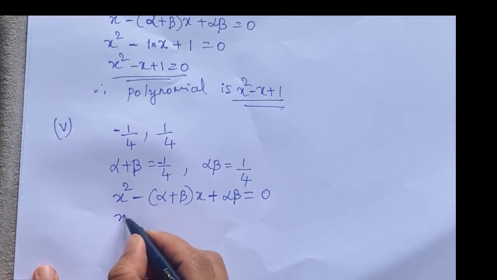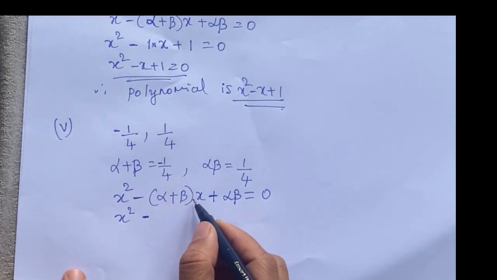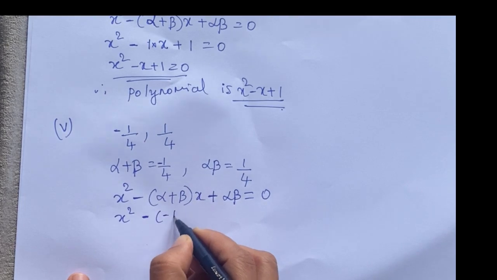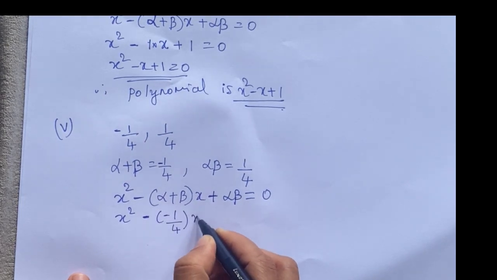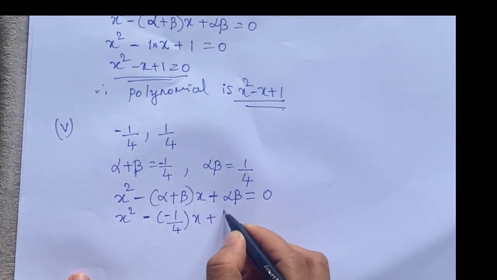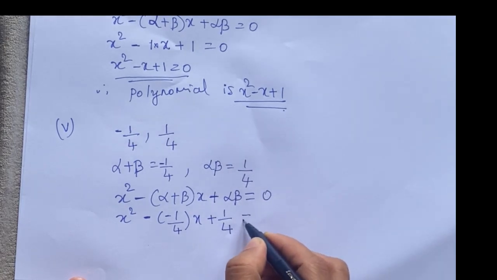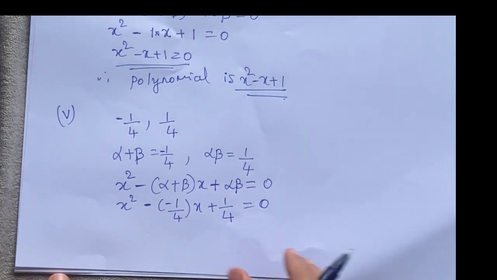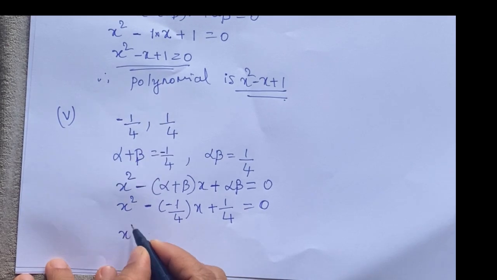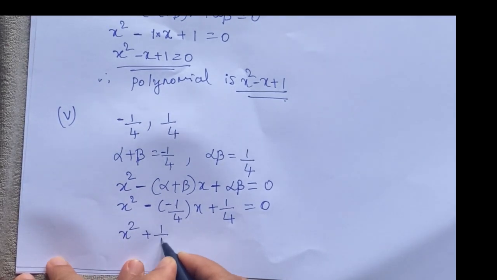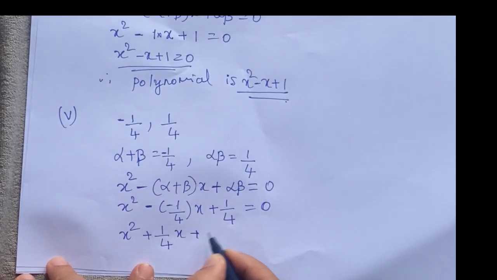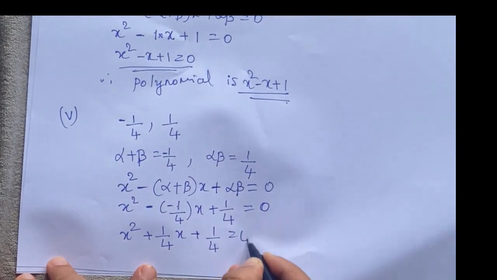x square minus alpha plus beta, which is minus 1 by 4, into x plus alpha beta, 1 by 4, is equal to 0. Minus minus becomes plus: x square plus 1 by 4 into x plus 1 by 4 is equal to 0.